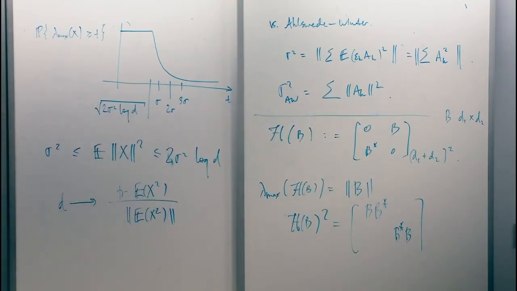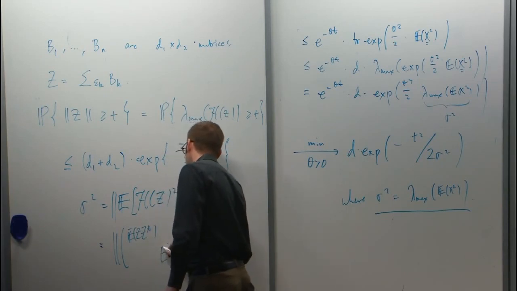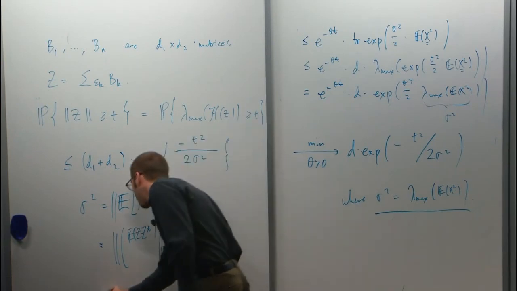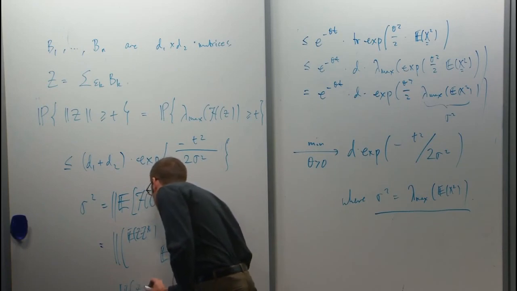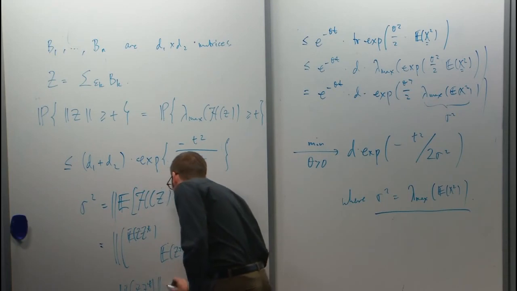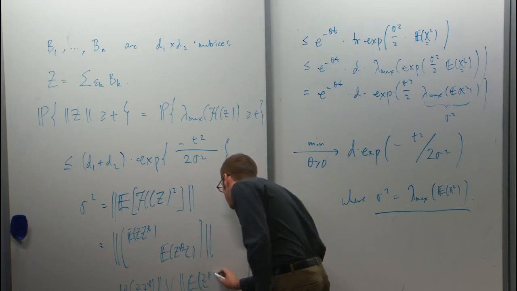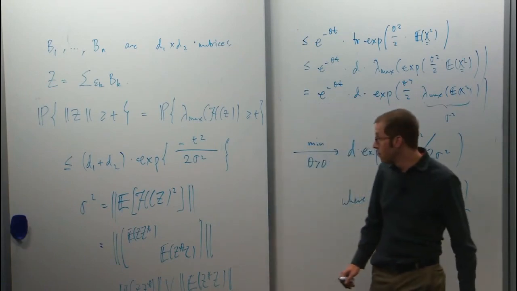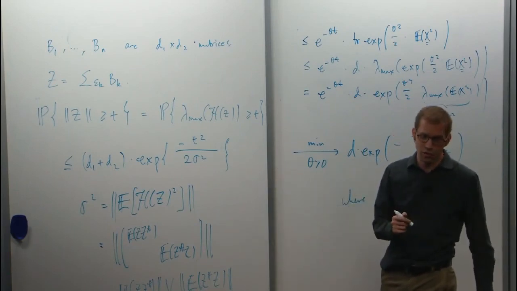So this gives you the expectation of ZZ star up here, the expectation of Z star Z down here, and in conclusion, this is the norm of the expectation of ZZ star max with the norm of the expectation of Z star Z, which is exactly the variance we saw in the Bernstein inequality. No, because of the expectation, they can average to very different things.